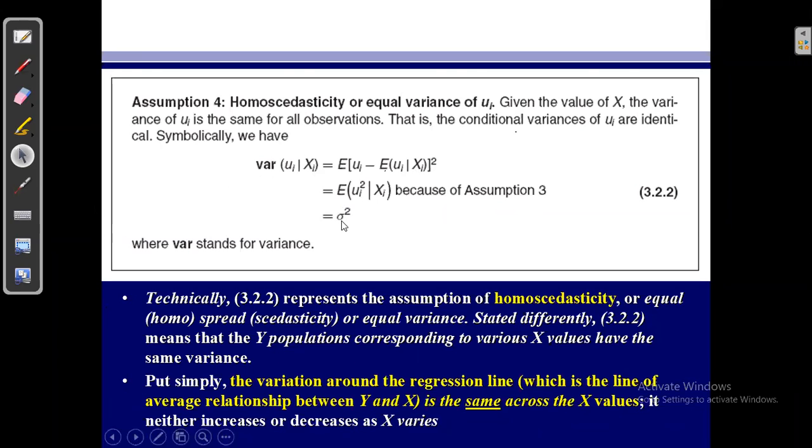This is the lowercase Greek letter sigma and then square, so we call it sigma square, right? So this says that the variance of the disturbance term corresponding to a given x value would be equal to a constant number sigma square, and it would not change if you go from one x value to another.